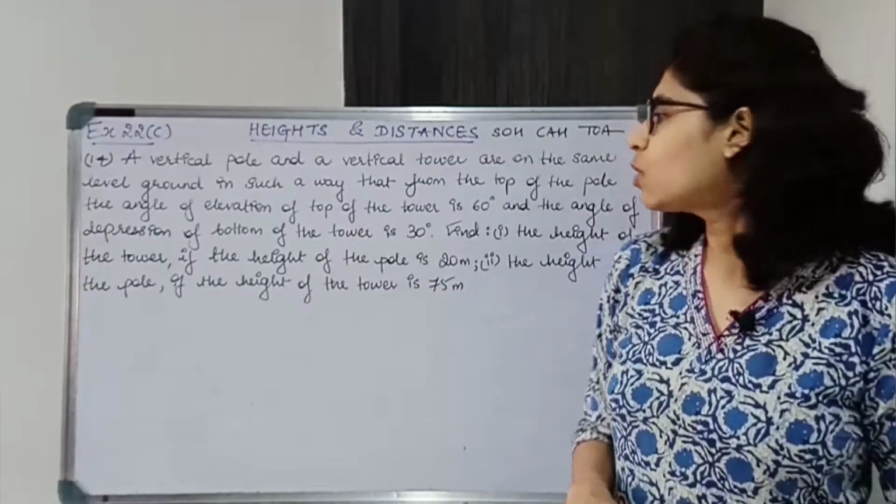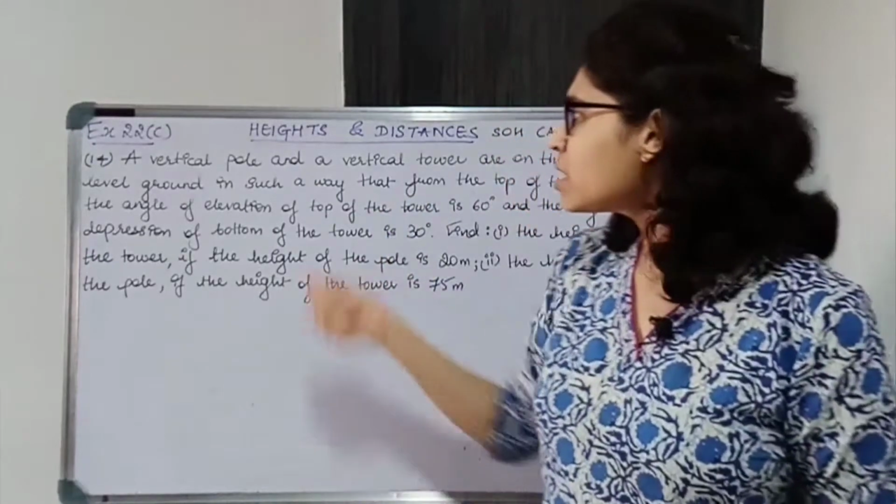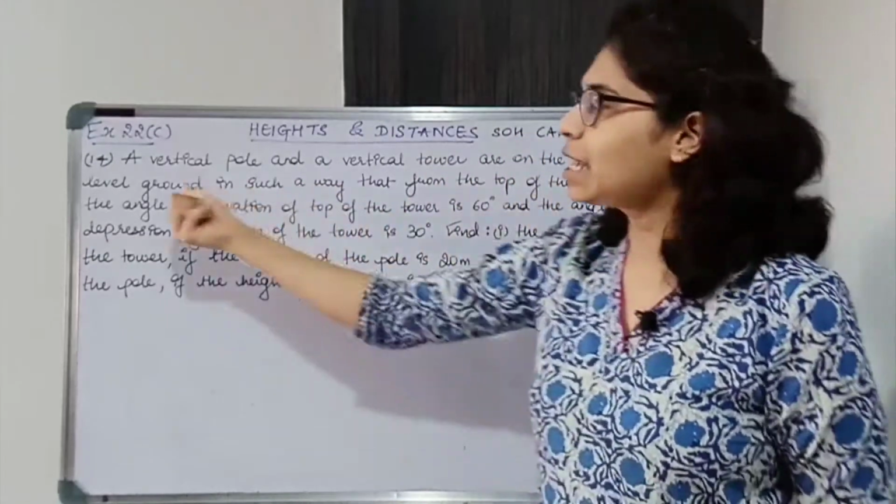Coming to the first part of the question, we'll focus on that for now. There is a vertical pole and a vertical tower on the same level ground.